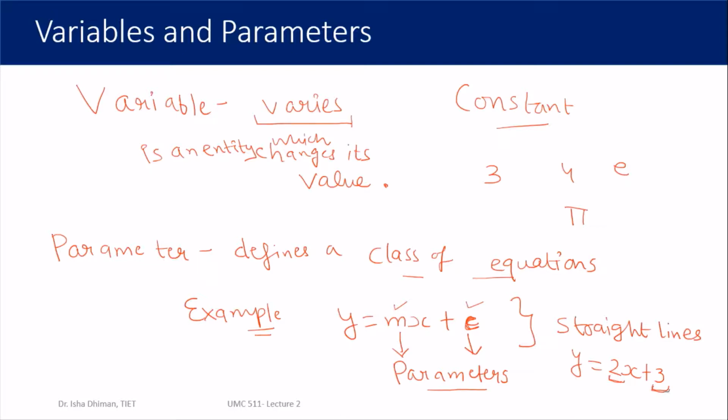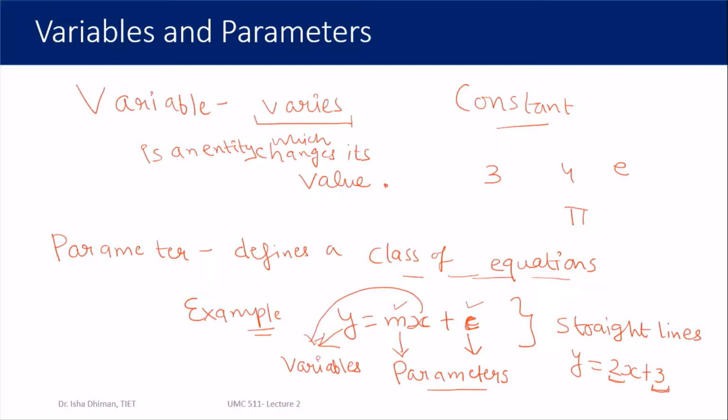So they define a class of equations, but for one particular equation of that family, their values are fixed. They are called parameters. And the variables here are y and x. Variables are something which vary with time. I am changing x, and obviously corresponding to x, y is also changing.